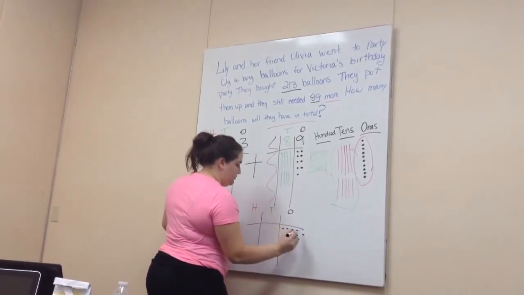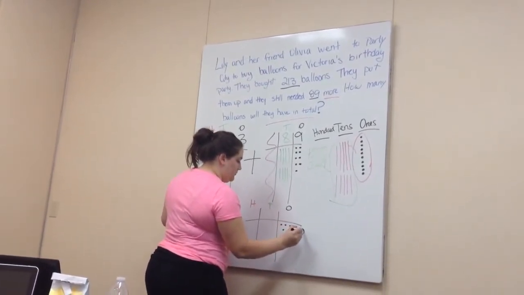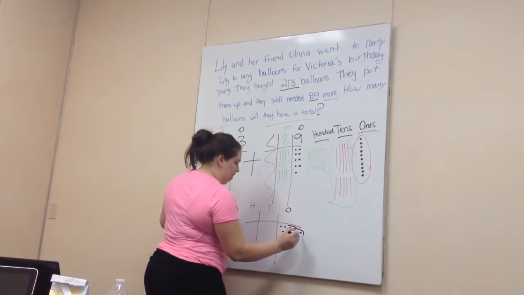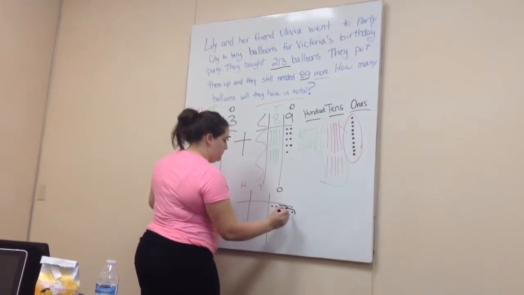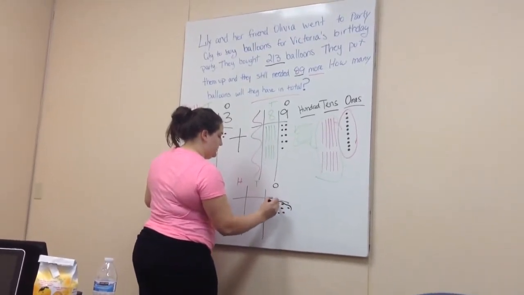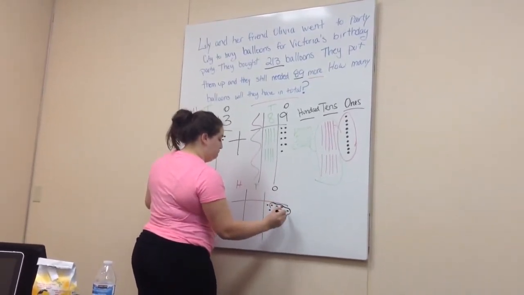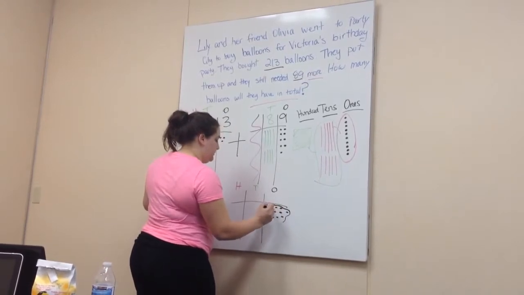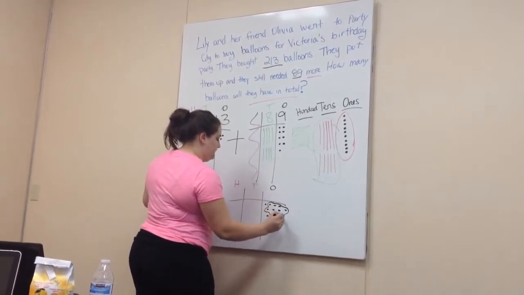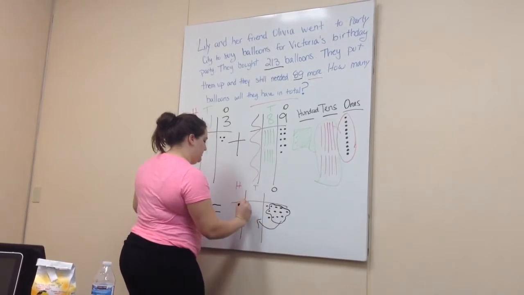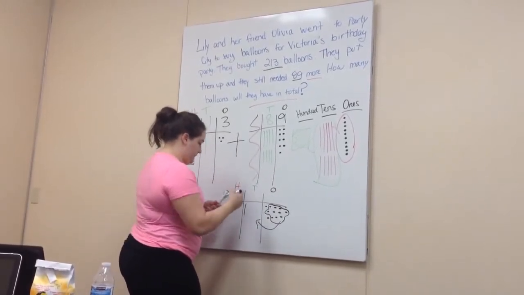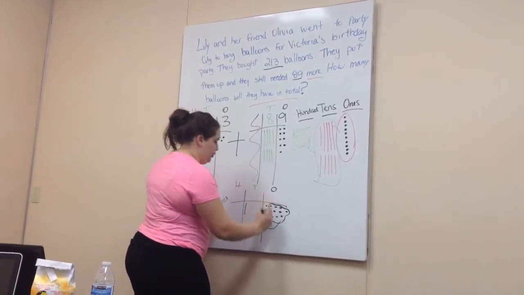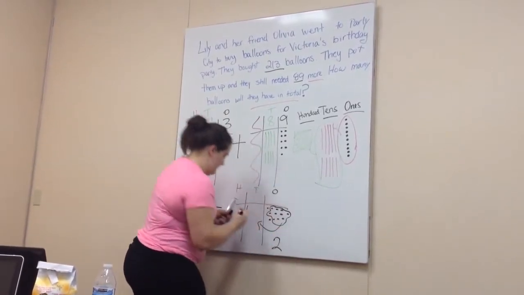So we need to do 10. So that's 10, so we bring that here, that's going to be our 1. So we have left over 2. So we're going to write this, that way we have it.